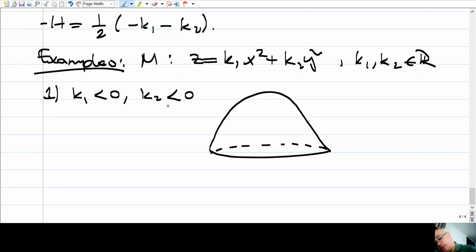Suppose you are at this point P, and I have this direction, and we also have the other direction, let's say this one.